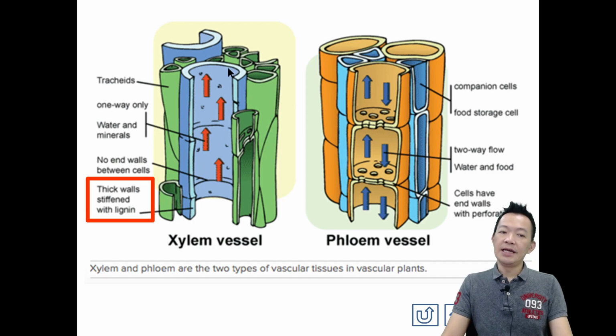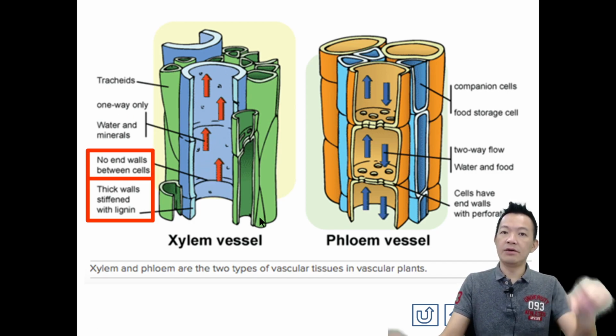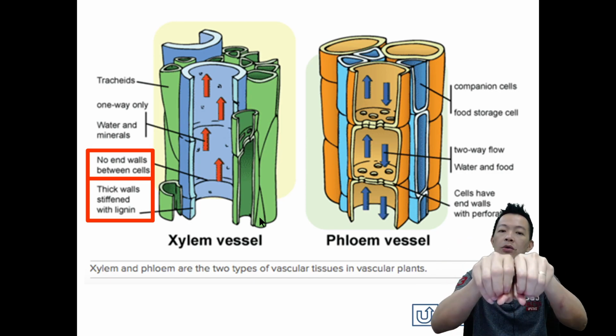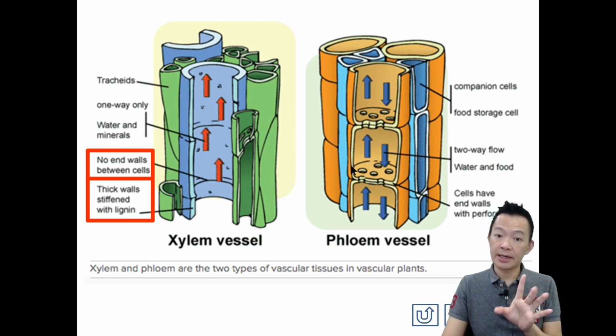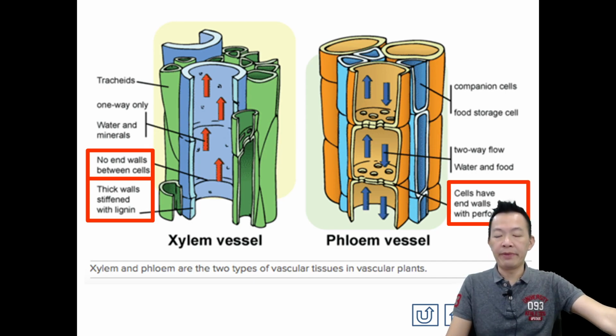Second difference， xylem 底数 100% hollow 空的，no end wall between the cells， 细胞之间是空的，no end wall。But Phloem 底数 yes, they're having the end wall with perforation 啊，它后面有墙壁的。那这边 cells have end wall with the perforation。它后面有墙壁，and 这种就叫 sieve plate with the pores 啊，有墙壁隔开的，不过也是有洞。Okay?